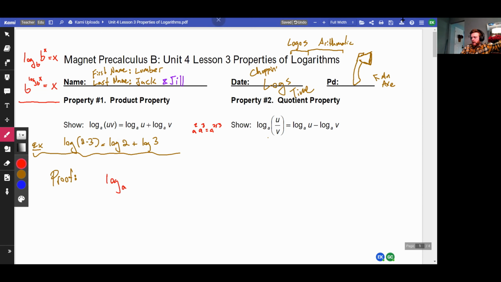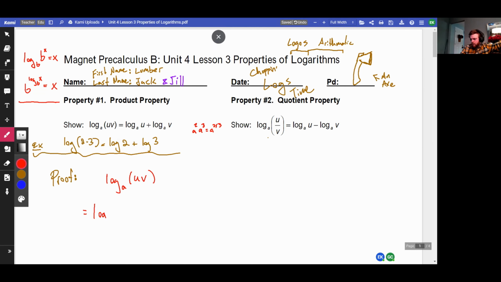Log base a of u times v. We're trying to turn that into addition. How can we get these exponents that we want? Well, we could either do log base b of b to the u, or we could do b to the log base b of u to rewrite u.